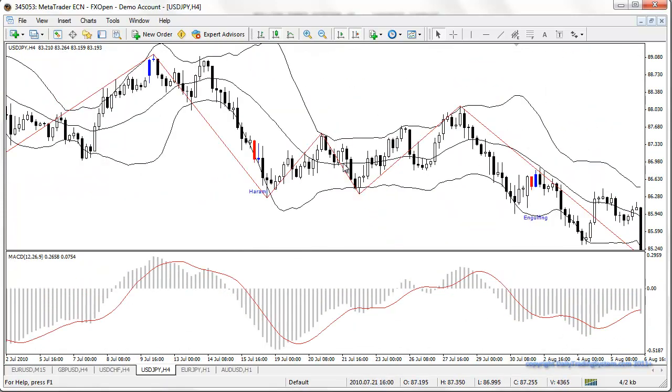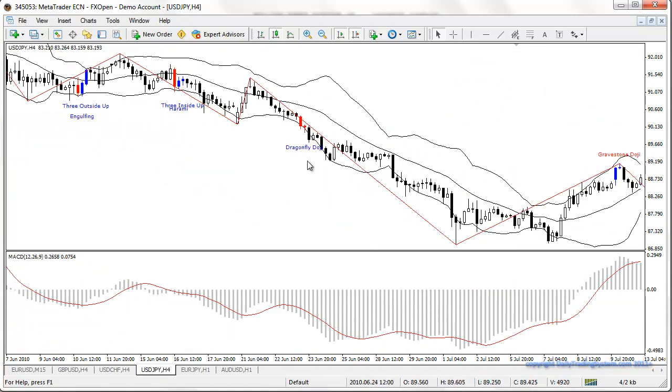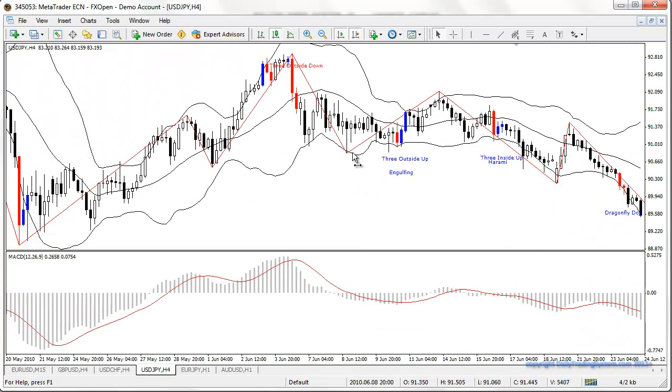Let's see if we can find some more examples. Also notice that the other three outside up was actually sitting right on the resistance level. Same here. If this had confirmed higher, I would be skeptical to take that on, because here are some other highs as well.